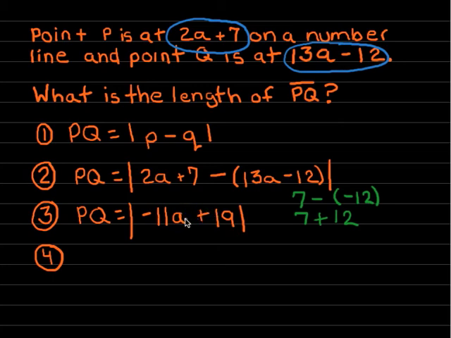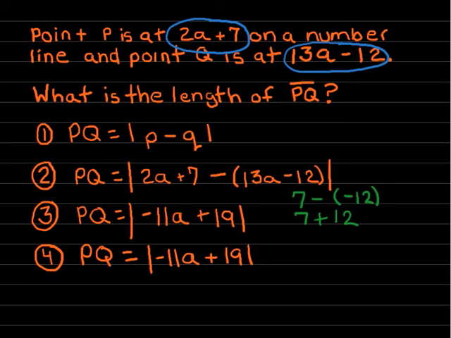I don't know what a is, so I can't take off that absolute value sign. So I'm really done at that previous step. So I say PQ, which is the length of segment PQ, is simply the absolute value of negative 11a plus 19.